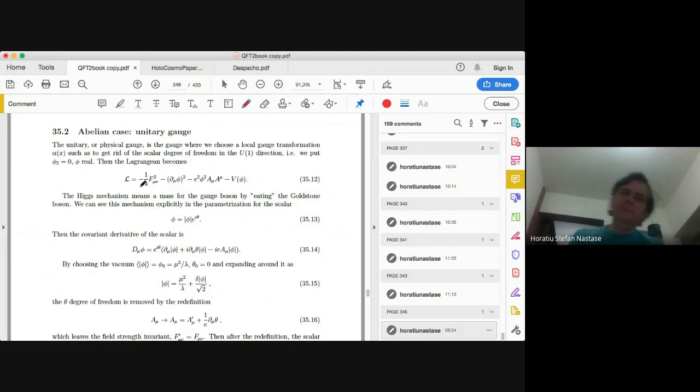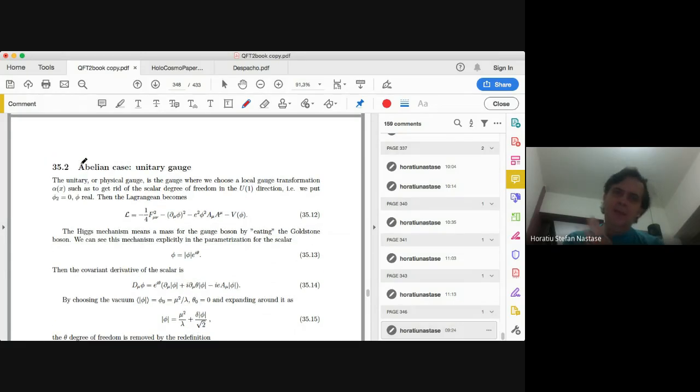Then in the Lagrangian, well, the kinetic term for the gauge field remains unchanged, minus 1/4 F_{μν} squared. I have now written this, as I put φ2 equal to 0, but then I went back to the notation where I have a real φ instead of just φ1 and φ2.